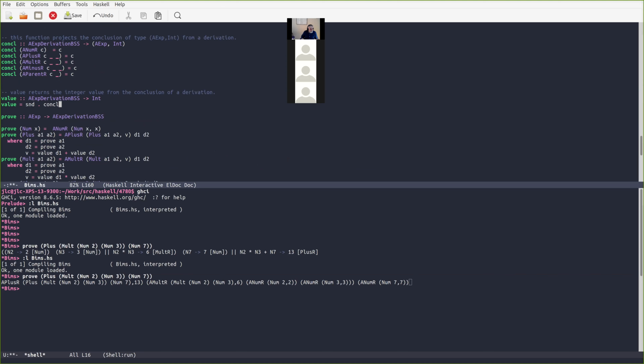And I think the value of, yeah, conclusion isn't really that interesting of a function. If you're writing more things to put proofs together, it is a useful function. I think the only place we're using it here is to say, it takes an A expression derivation and it returns the integer value that gets derived from that.